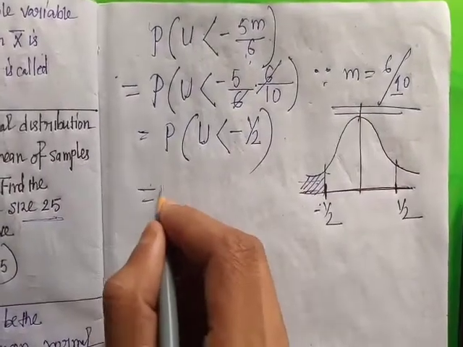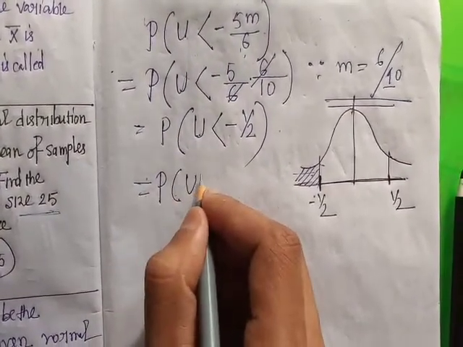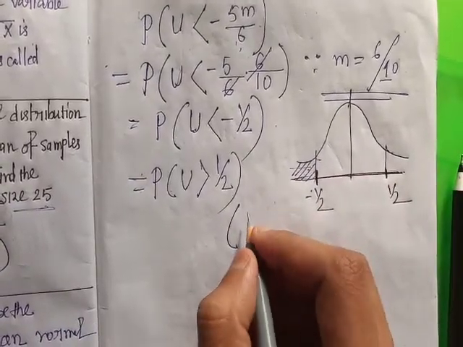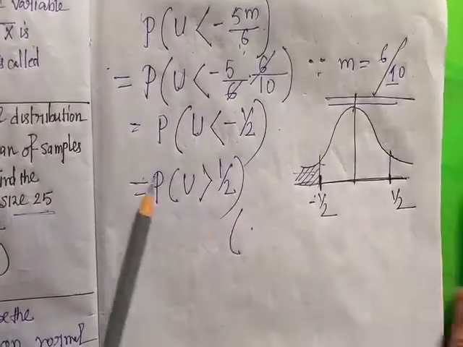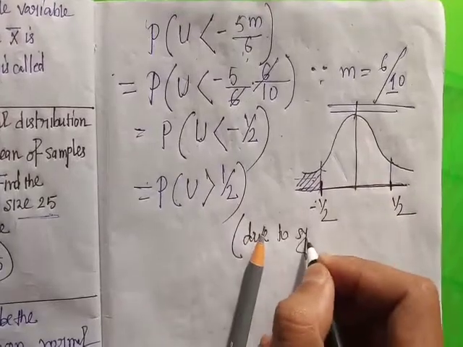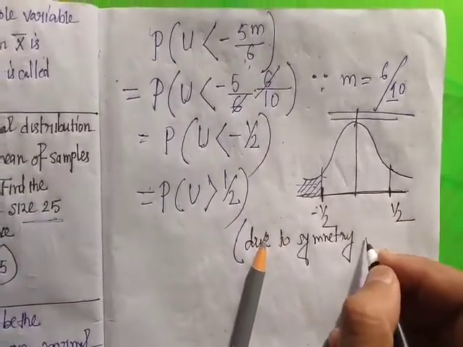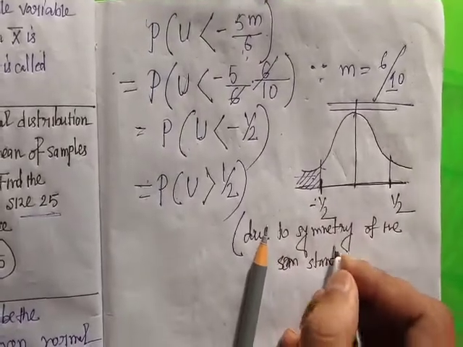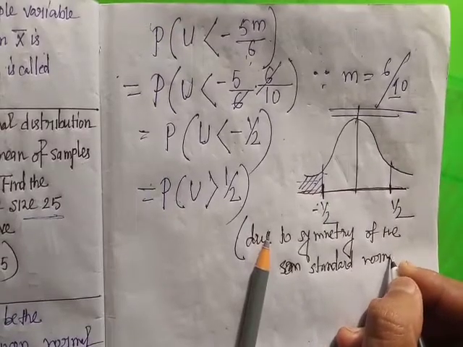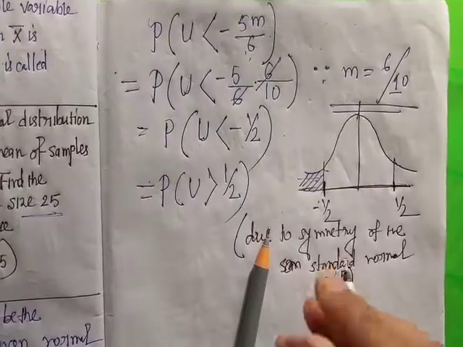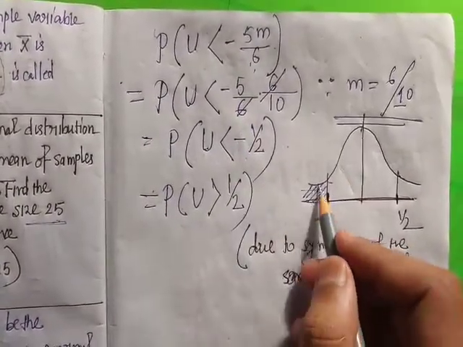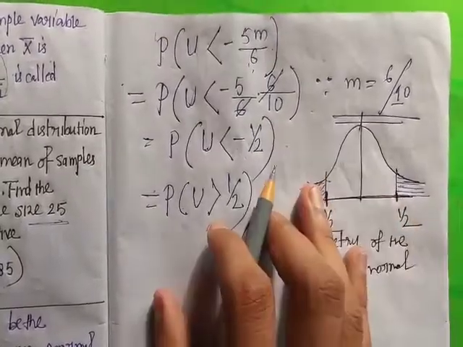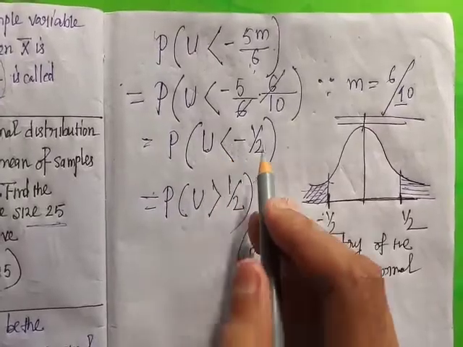Due to the symmetry of the standard normal probability density function, the probability of U less than minus half equals the probability of U greater than half.